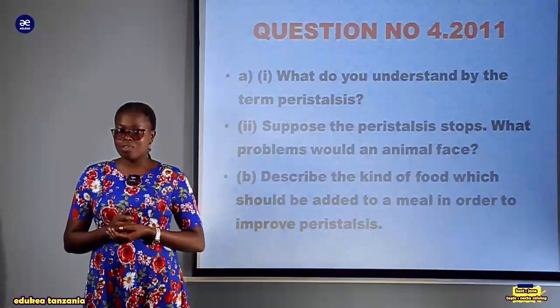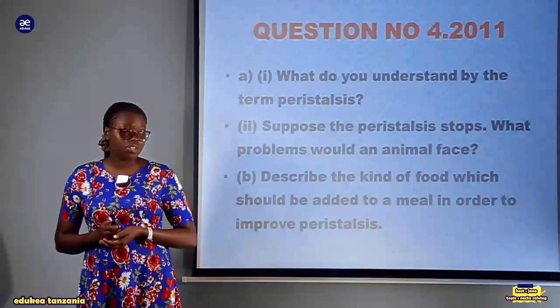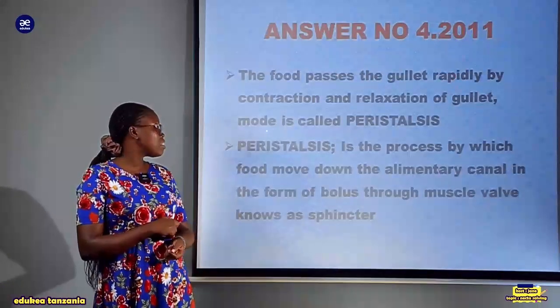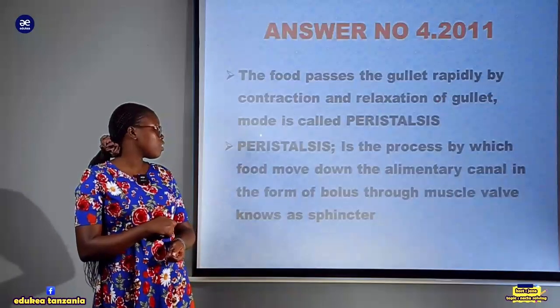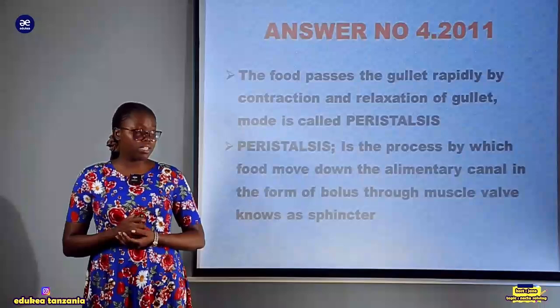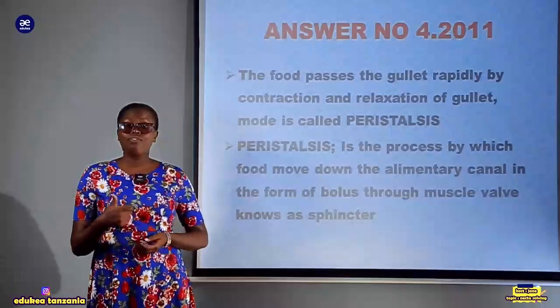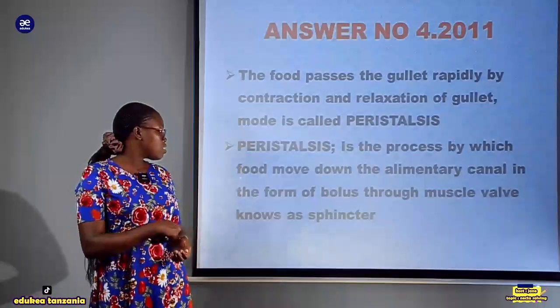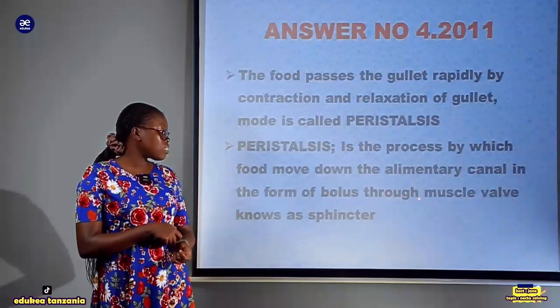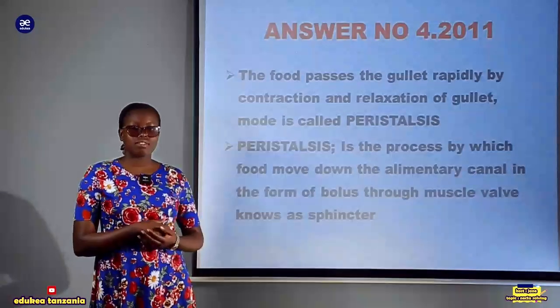So now, what is peristalsis? After that short history: the food passes the gullet rapidly by contraction and relaxation of the gullet, and this mode is known as peristalsis. So peristalsis is a process by which food moves down the alimentary canal in the form of a bolus, through the muscle valves known as sphincters.